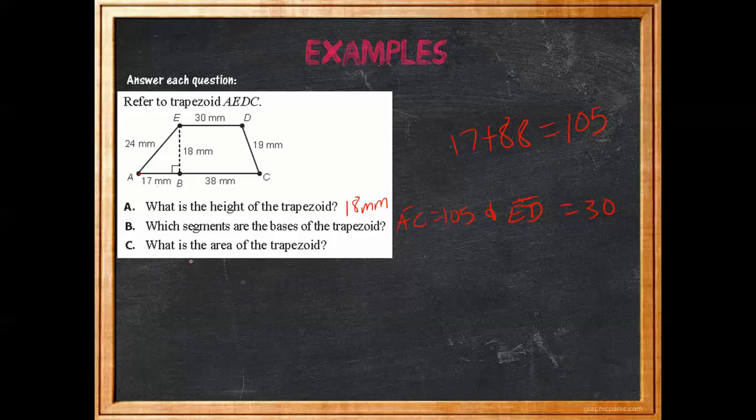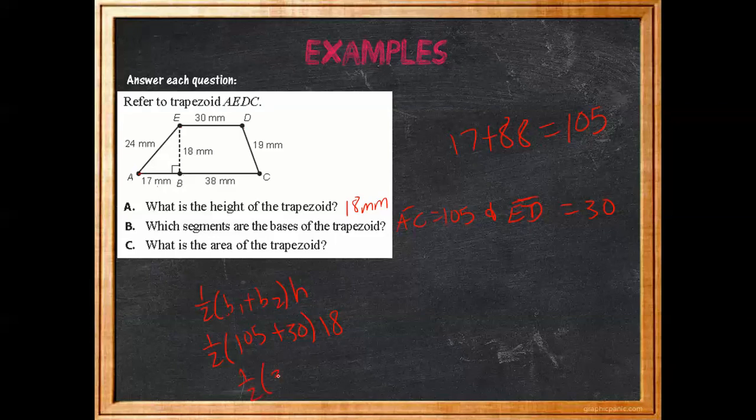Now to find the area, 1/2 times (base 1 plus base 2) times the height. Remember base 1 and base 2 have to go first. So we have 105 plus 30 times the height, which is 18. We take 105 and add 30 to that, which is 135.